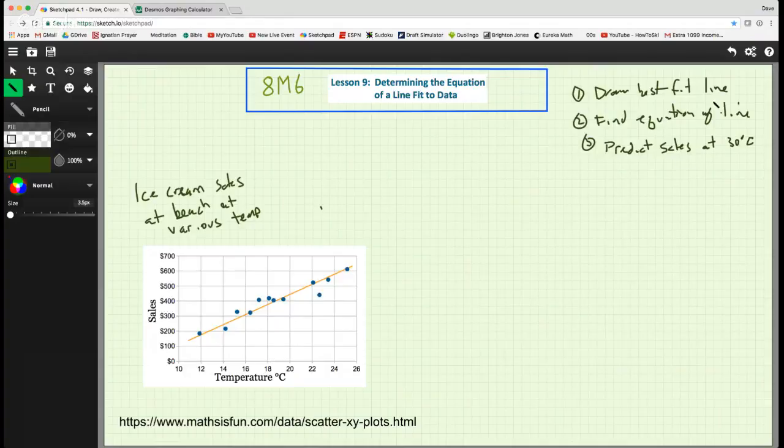Okay, so now let's predict the sales after we calculate our best fit line. What I'm going to do is take this point here, which is on the line, and this point here, which is on the line. I'm going to tell you what this point is.